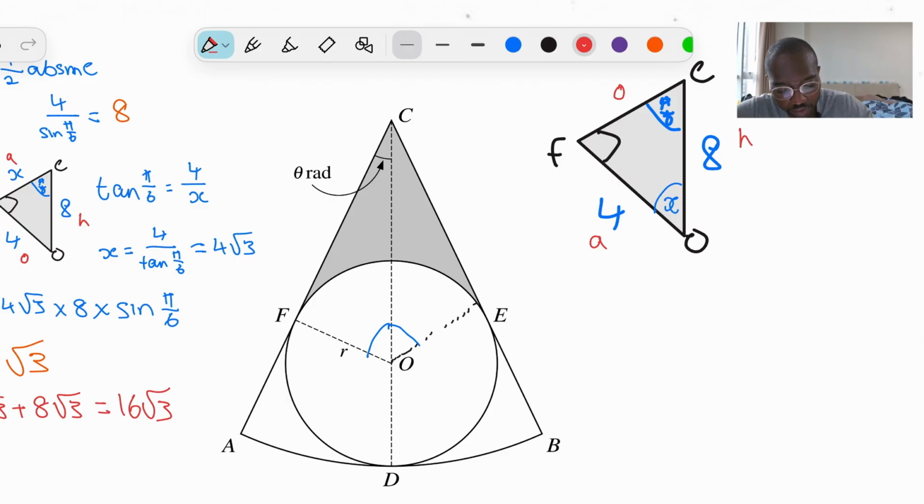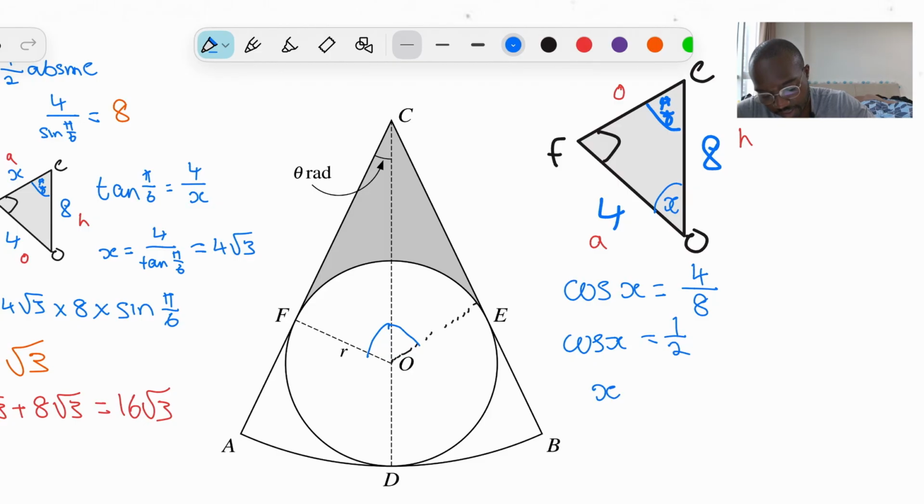To work out that angle, we have adjacent and hypotenuse, so I'm going to use cos x equals adjacent over hypotenuse, which is 4 over 8. So cos x is a half. The inverse cos of a half, in degrees, is 60, which means that it would be pi over 3.